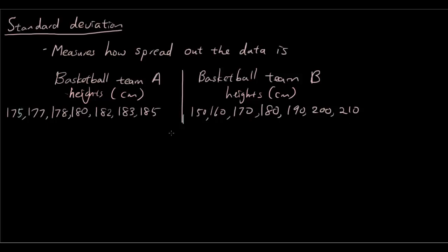And we can see that basketball team A, the players are all quite similar in height. Whereas basketball team B, the heights are all very spread out.